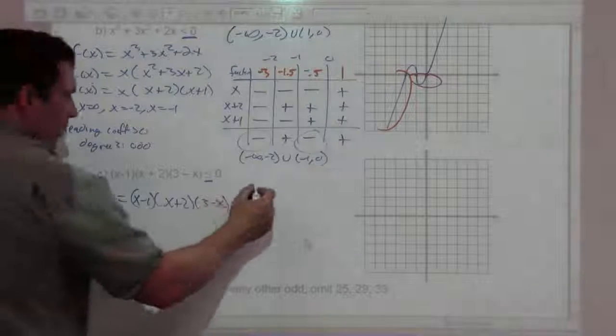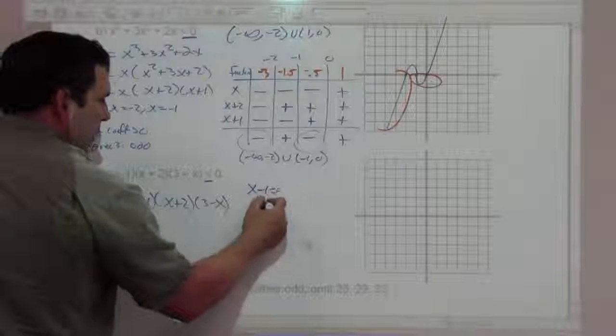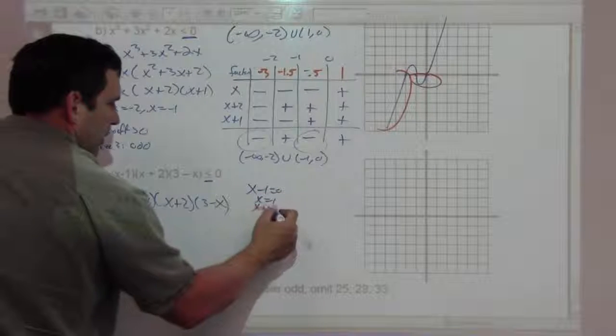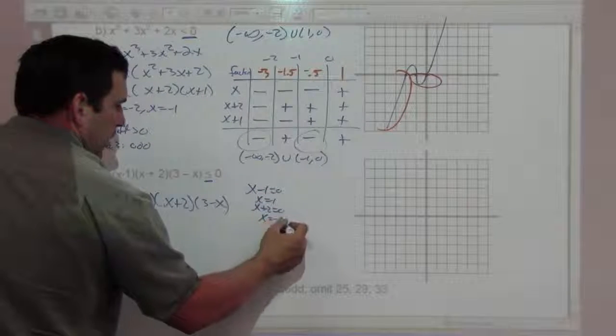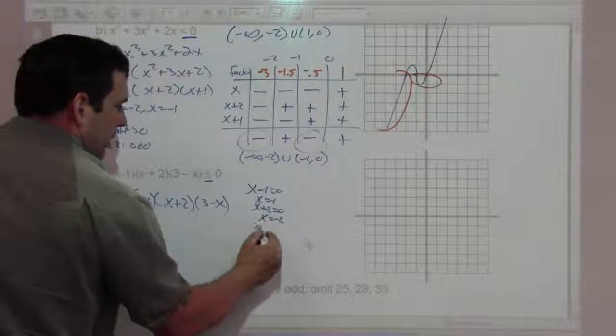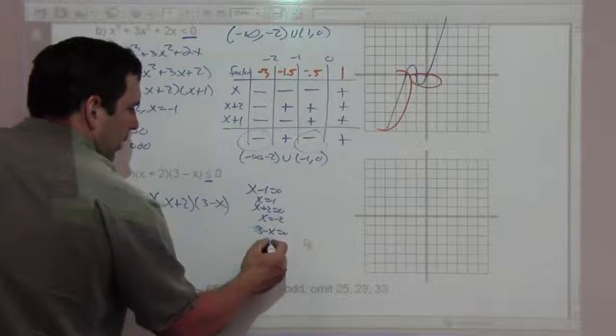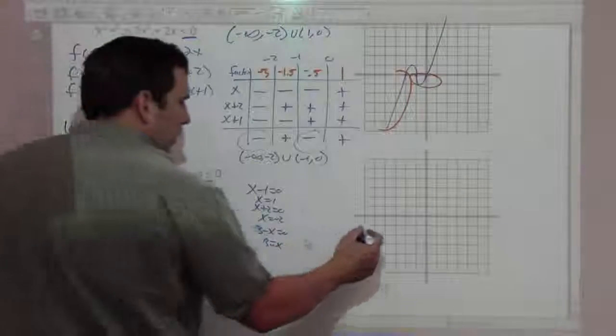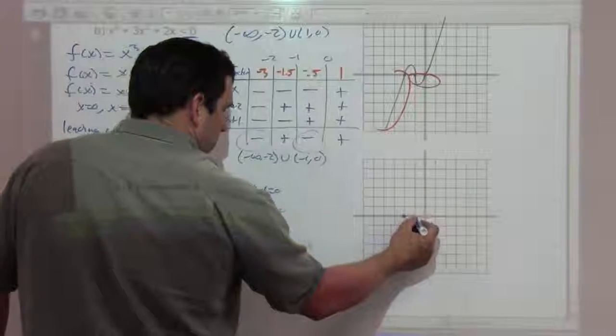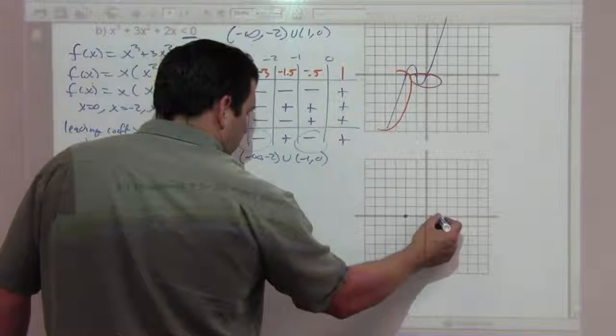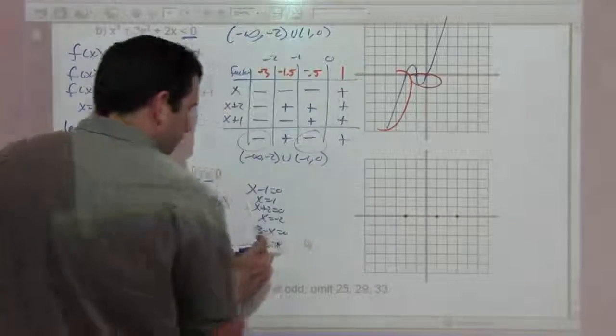So we know right off x minus 1 is 0, x equals 1, x plus 2 is 0, x equals negative 2, 3 minus x is 0, that 3 equals x. So we have negative 2, positive 1, and 3.